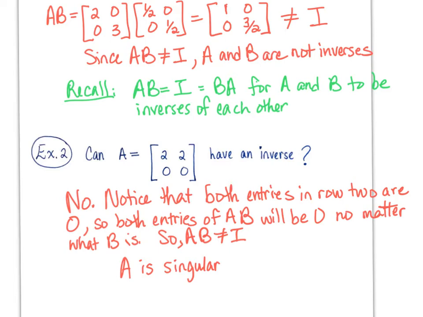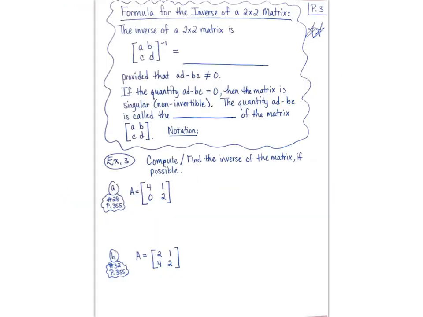Okay, so now there's a formula for finding the inverse of a 2 by 2 matrix. So let's talk about that. Did everyone get the information from the previous page?